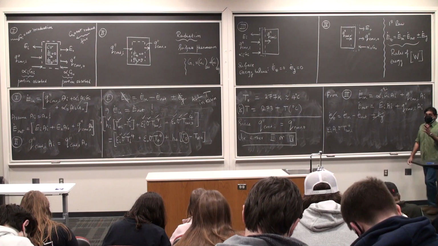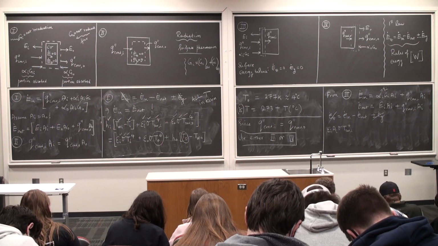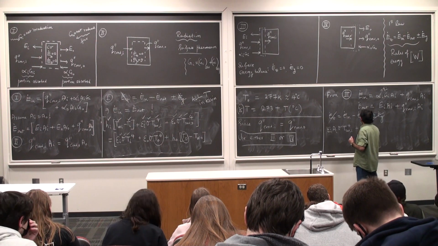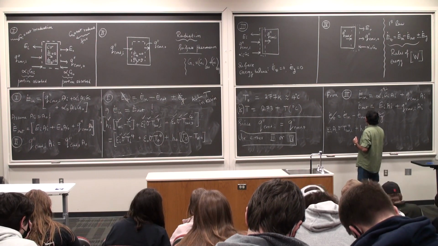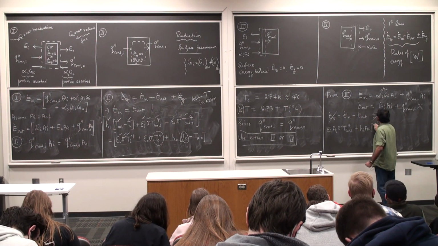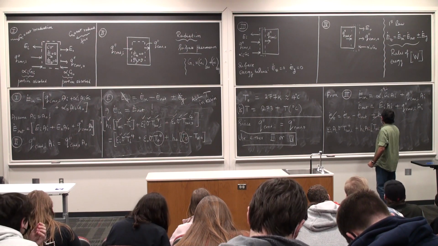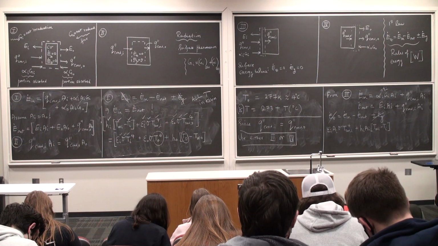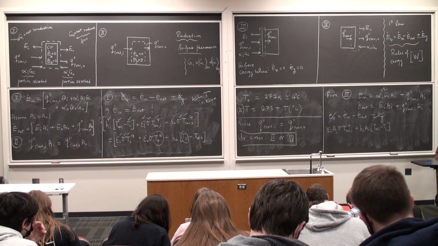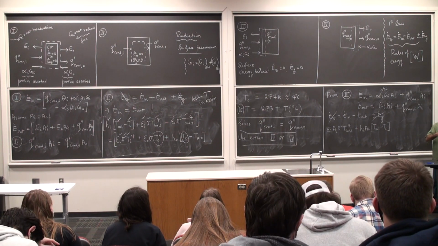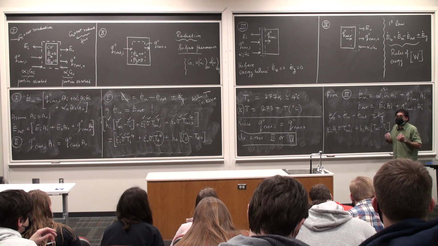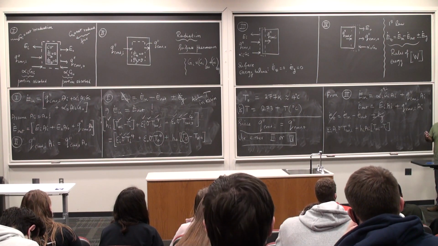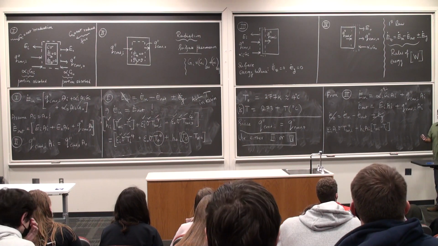This is the net radiant flux absorbed by the inner surface plus convective heat transfer h I, A I, T infinity I minus T I. All of these are known to us. Surface emissivity is given. Area I don't really care because it's going to cancel off. Sigma is a constant. h I is given to me. T infinity is the same as T surrounding I. We're just writing these things down.